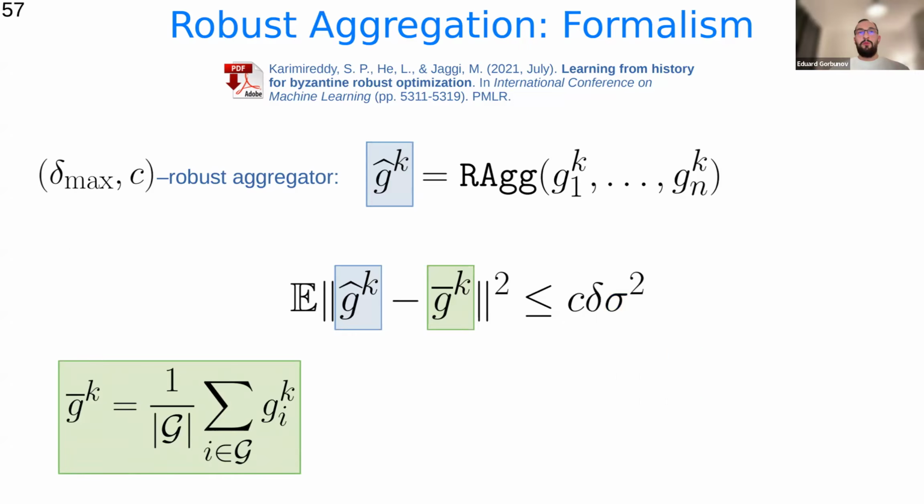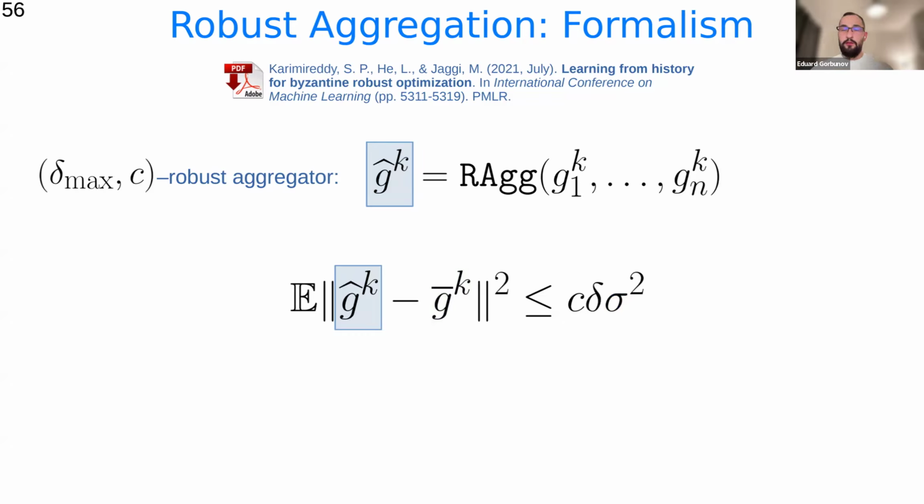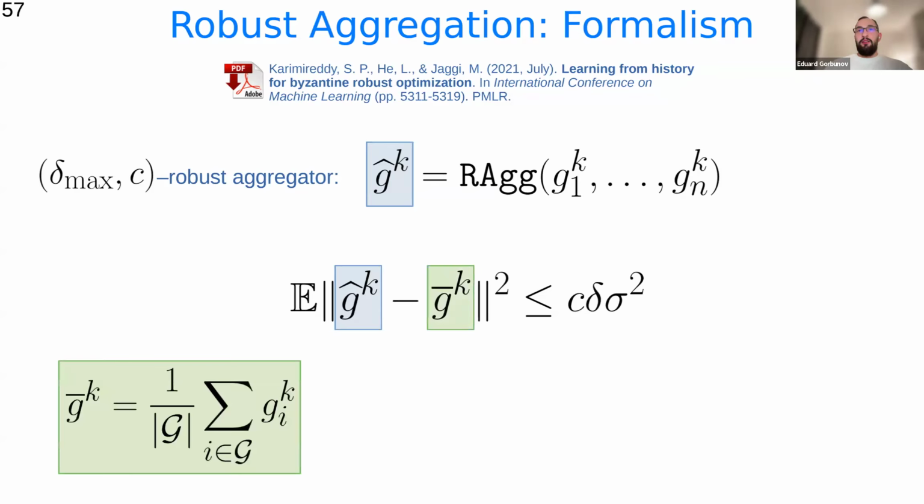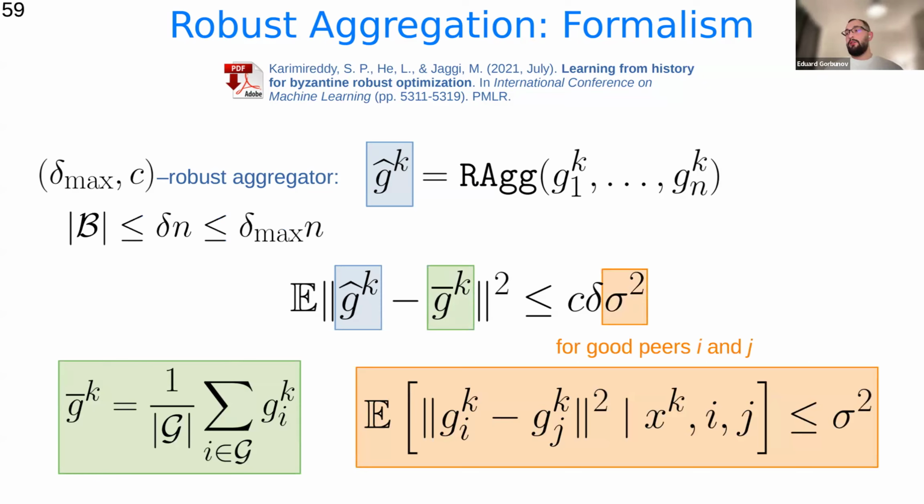Maybe there are some questions about the definition or setting. Do I get it right that the sigma works as a measurement of heterogeneity, effectively? Yeah, I mean, how different are they? In a sense, I mentioned that we will assume that data is homogeneous, but sigma measures the heterogeneity of the vectors themselves. It's natural since they're stochastic: even if they are unbiased estimators of the same thing and have the same mean, still they will not be the same if you sample them.